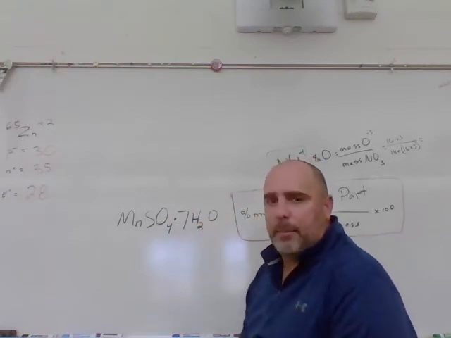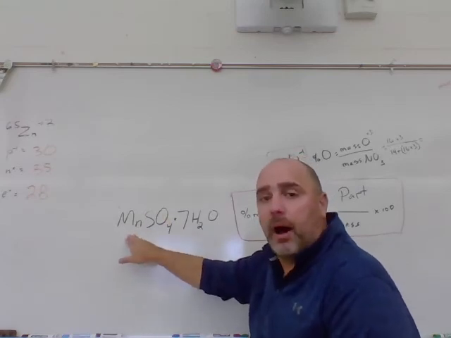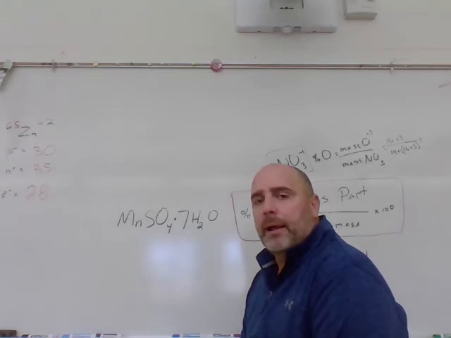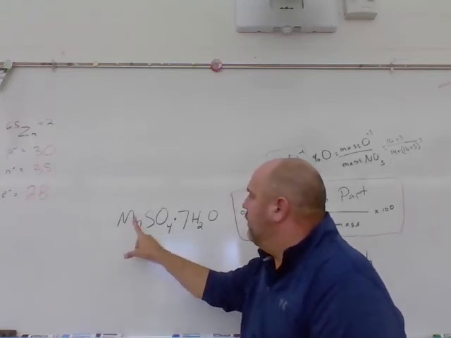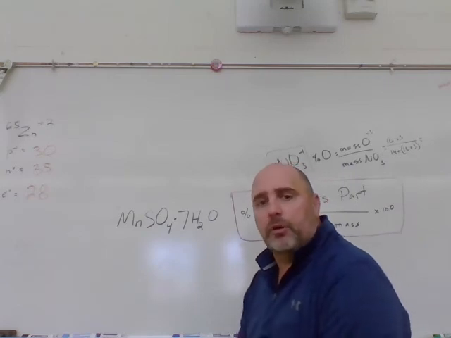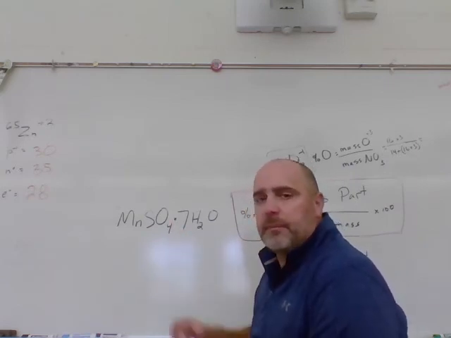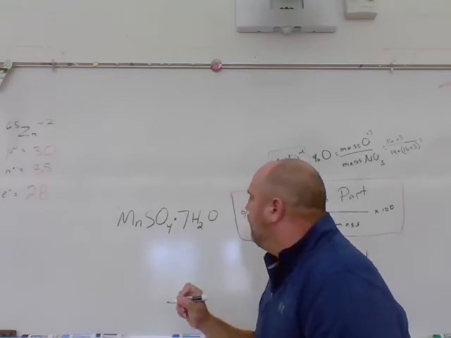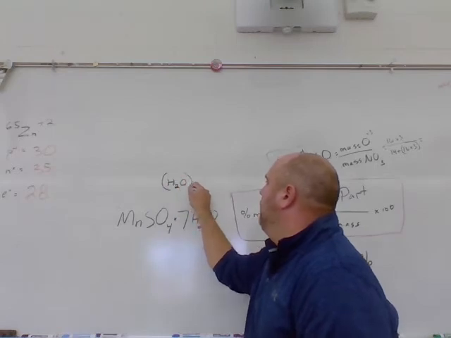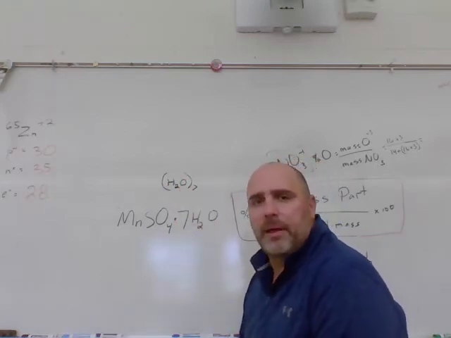Sometimes we'll have a chemical that has waters as part of the structure. When we have one manganese, one sulfate, and 7 waters, it can make a big giant crystal. We use this dot with the 7 instead of using parentheses. You might prefer a water with a 7, but when we have a hydrate, we use this method instead.